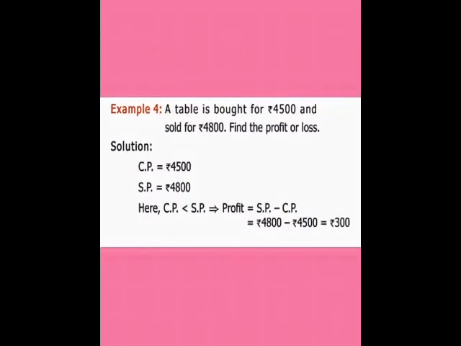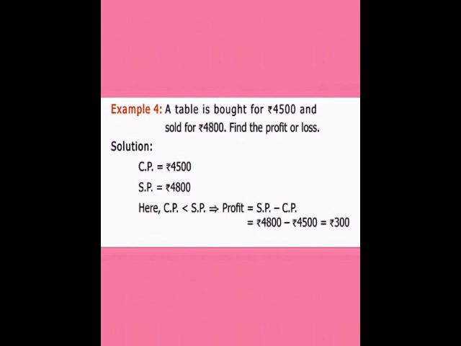The next question, example 4. A table is bought for rupees 4,500 and sold for rupees 4,800. Find the profit or loss. From the question, what did you understand? Bought is the cost price. Sold is the selling price. So CP is equal to 4,500, SP is equal to 4,800.